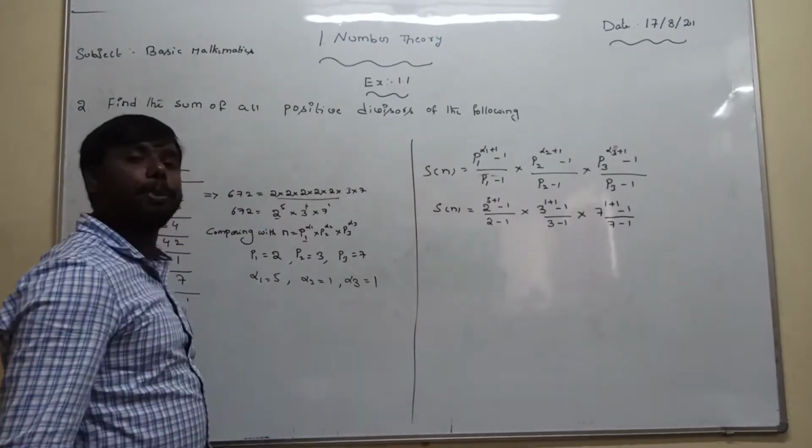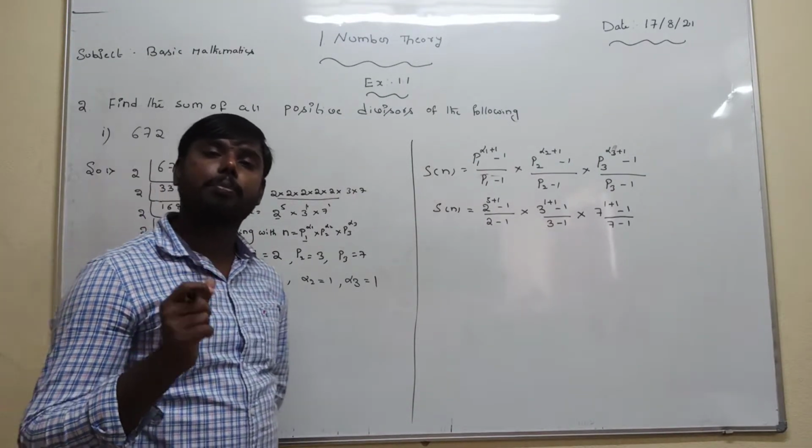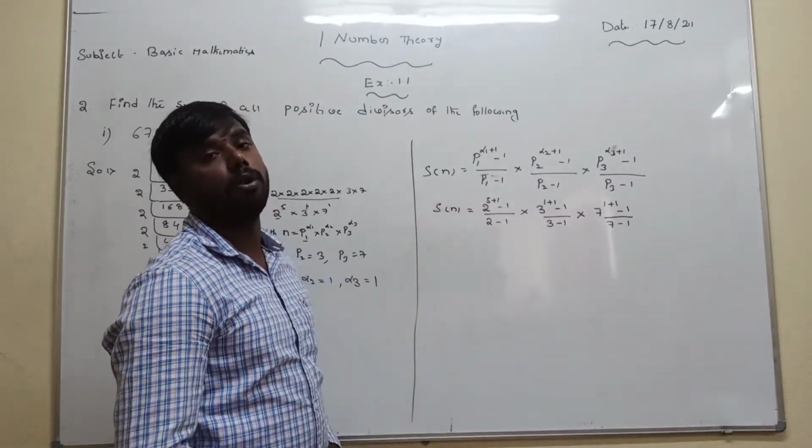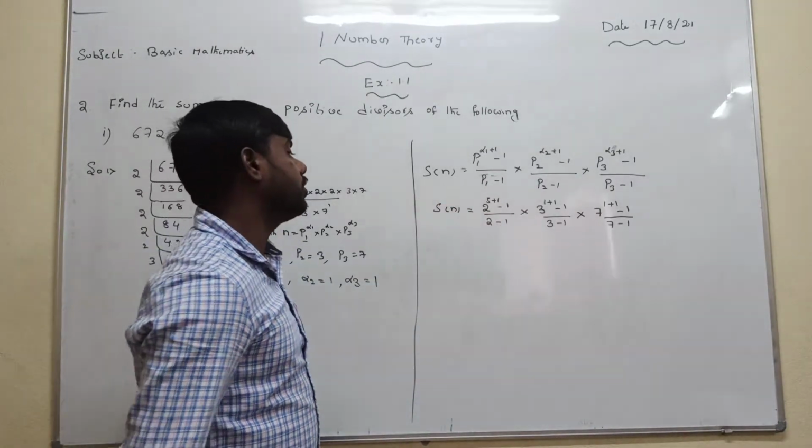So P1, P2, P3, alpha 1, alpha 2, alpha 3, all these values are substituted in this formula. Now we have to simplify this value.